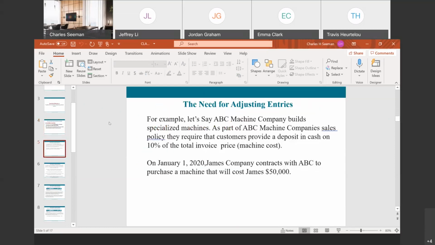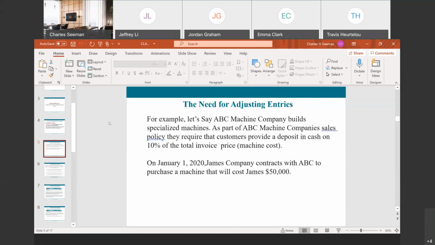So here's an example. Let's say ABC Machine Company builds specialized machines. As part of ABC Machine Company's policy, they require that customers provide a deposit in cash of 10% of the total invoice price. So that's one of their sales policies. On January 1st, 2020, James Corporation, a customer of ABC, contracts with ABC to purchase a machine that will cost $50,000.